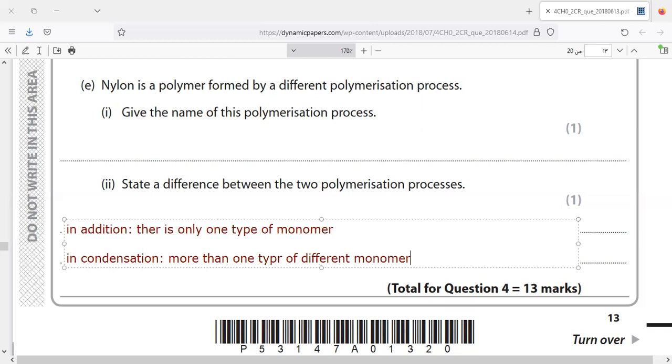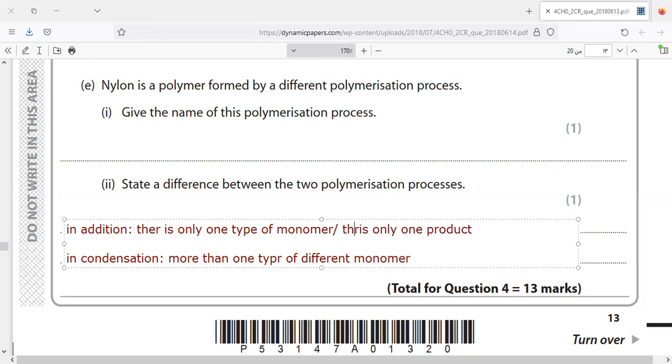This is a difference. There is another difference, yes. In addition polymerization, there is only one product. I mean when you react ethene, it will produce polyethene only.